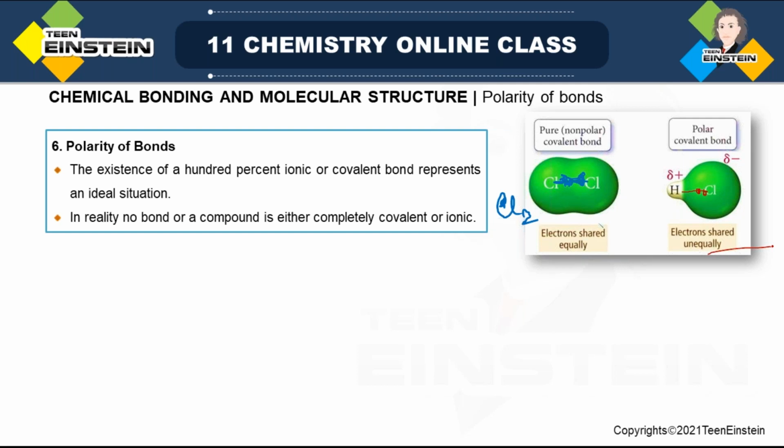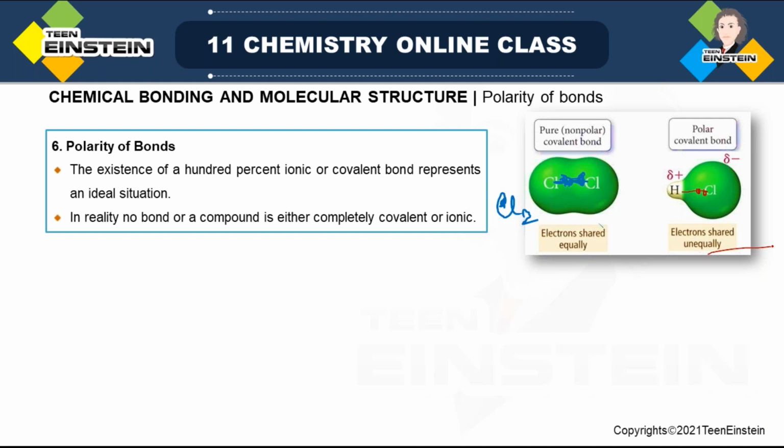So that is why it is written here, electrons shared unequally. Though it is a covalent bond, and we know the definition of covalent bond is equal sharing of electrons between the two atoms, depending on the nature of the atoms, a slight amount of polarity may or may not be generated.